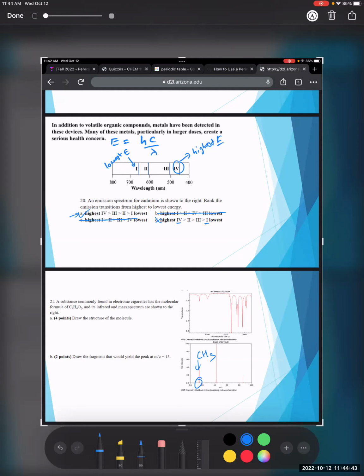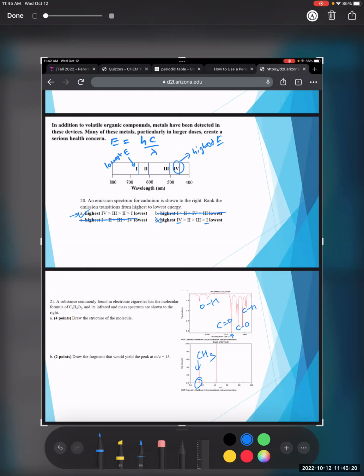I believe this is 1800, so let's say that we have a C double bond O, and then we have some peaks relevant to the CO bond, and some CH as well, and I believe we have some OH. All right, let's go with this, because I don't have all the information I need.